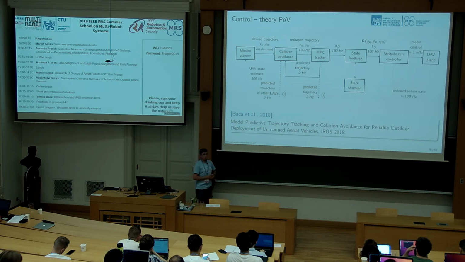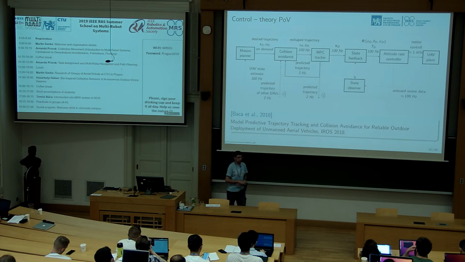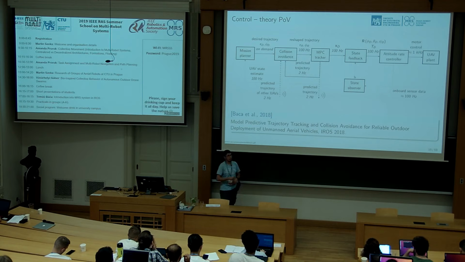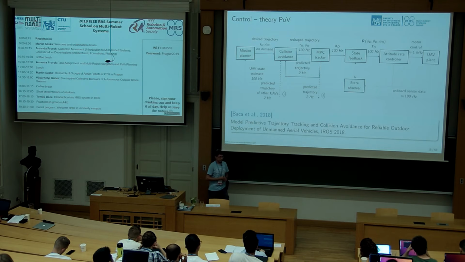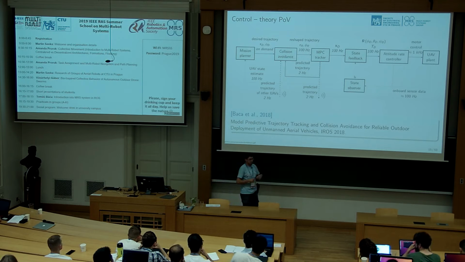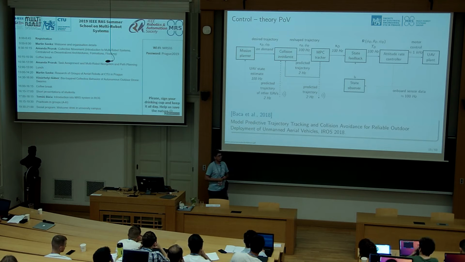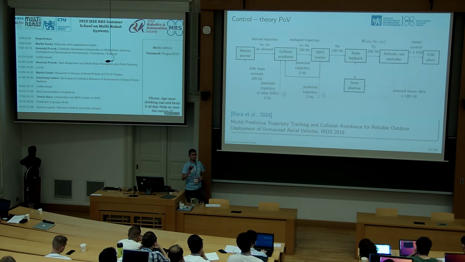Trackers can also do some pretty clever stuff. They can, for example, take care of mutual collisions between the drones, as in the case of this plot, the MPC tracker does. So the MPC tracker, in our case, can take care of mutual collisions. It actually solves the problem of disentangling the drones' future trajectories. I think Martin actually showed you something about this work. And of course, somewhere above the trackers, we have a mission planner.